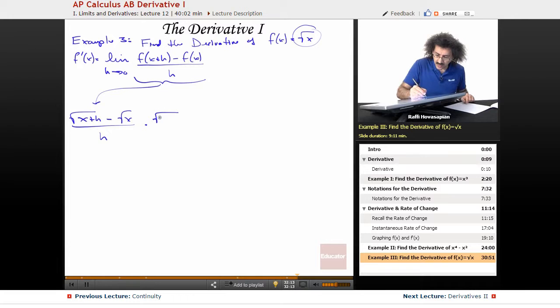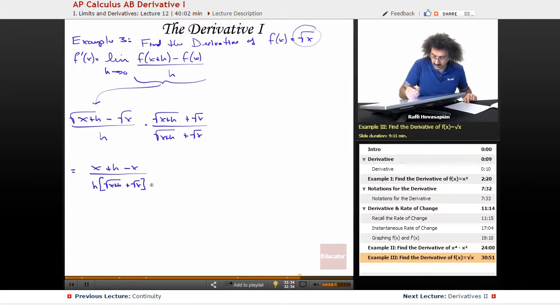So it's radical x plus h plus radical x over radical x plus h plus radical x. I end up with x plus h minus x all over h times radical x plus h plus radical x.